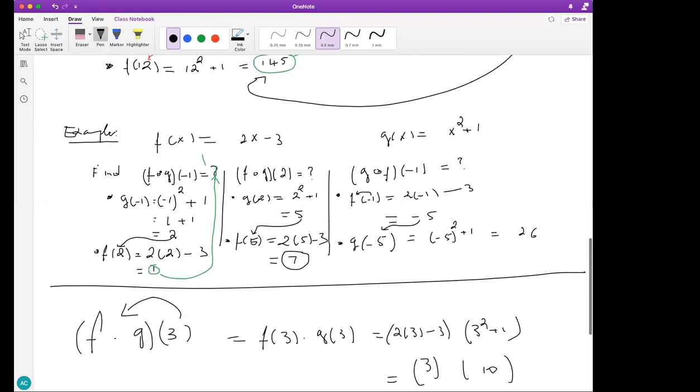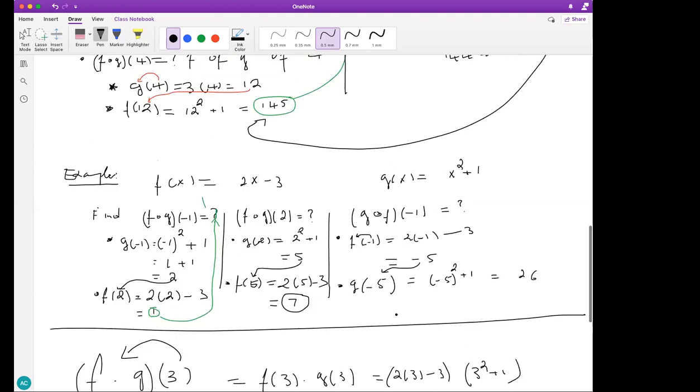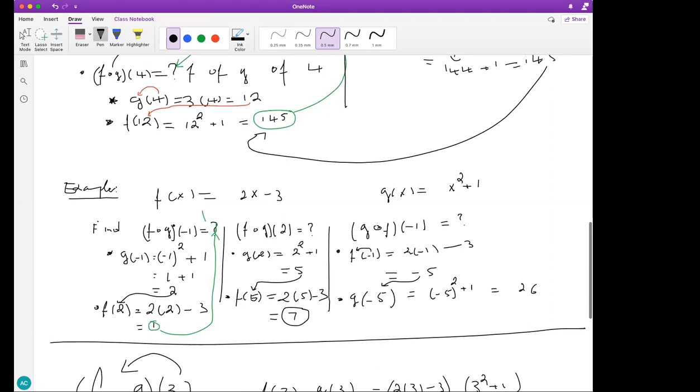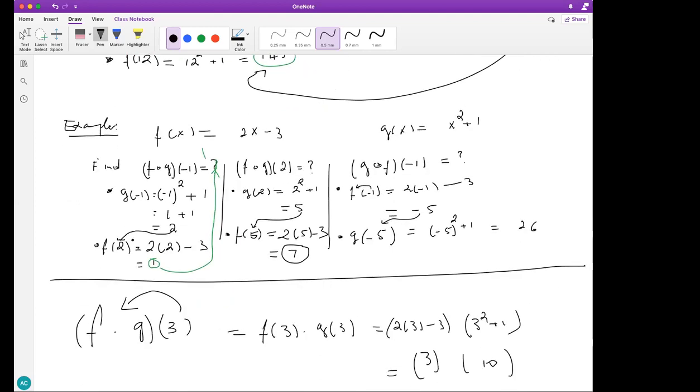Okay, so do not confuse this little thing, that's composition, with this. If you see this, it's a multiplication, it's simple. Find f of 3 and multiply it by g of 3, just like here. If it's a composition, then you have to find the first one, and once you get it, you plug it into the second one. So be careful. I see people often confuse composition with multiplication, but they're not the same.